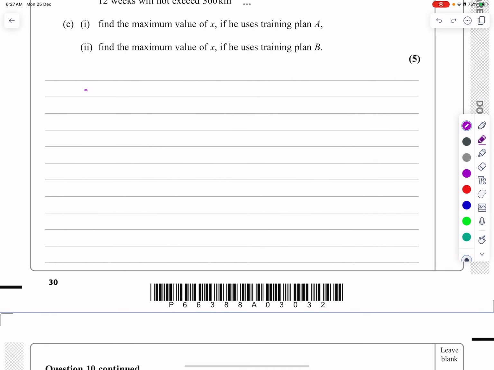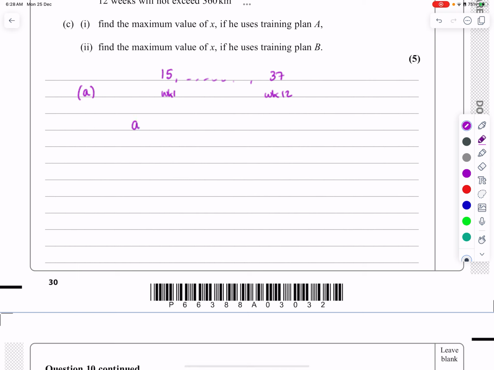So for part A, if you want to write a little diagram up here to make it easier for you as to what we're trying to do, that's what we're trying to do. We're starting off at 15 in week 1, and by the time we get up to week 12 here, we're at 37. So that now looks a lot easier to me to try and work with.